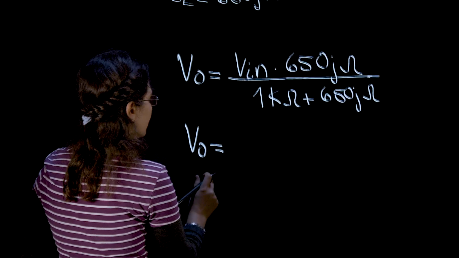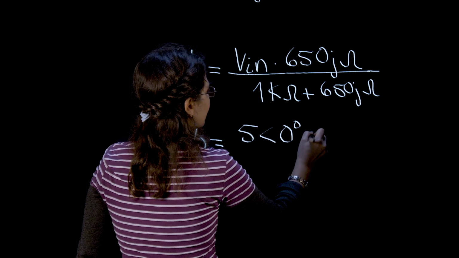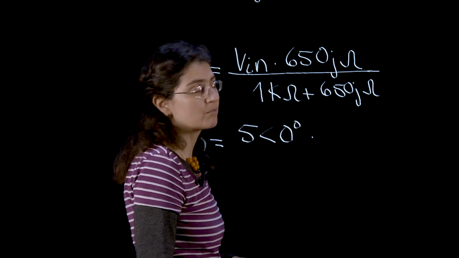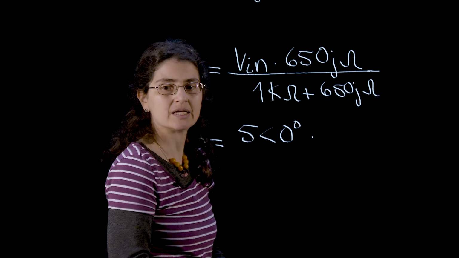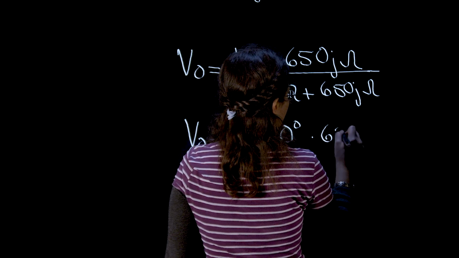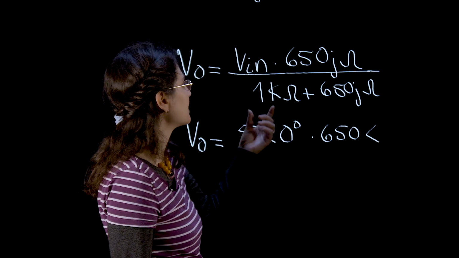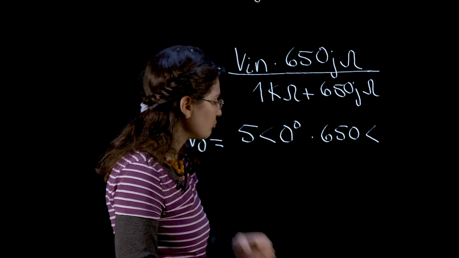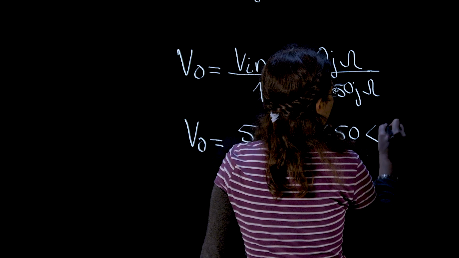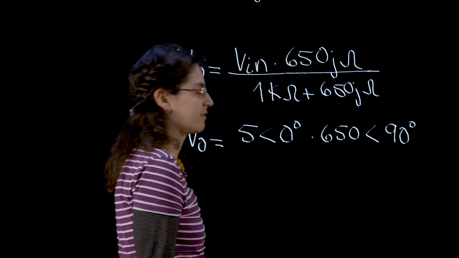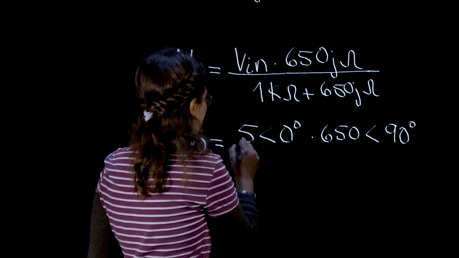So our output voltage will be, then I just put my V in here, which is 5 at 0 degrees, times 650 j ohms. We need the magnitude of that. The magnitude of an imaginary number is just the imaginary part. And the phase of an imaginary number is again the inverse tangent of the imaginary over the real. In this case, it's going to be 90 degrees because our real part is 0. So I have the inverse tangent of plus infinity, so I have 90 degrees there.